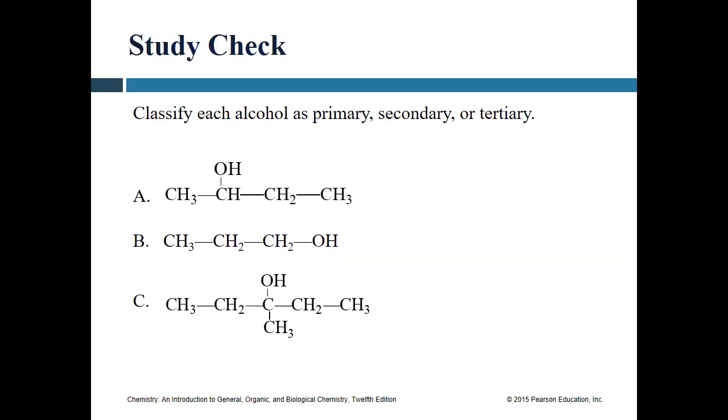So all we need to do, at least at this point, is be able to identify these as primary, secondary, or tertiary. And again, it's not the oxygen that we are interested in, it's the carbon. So if I'm looking at the carbon that is attached to those oxygens, how many other carbon groups are they attached to? From that perspective, I can see this carbon is attached to two other carbons.